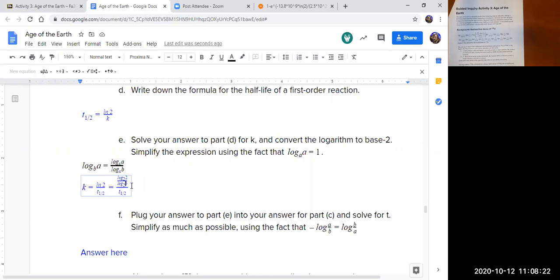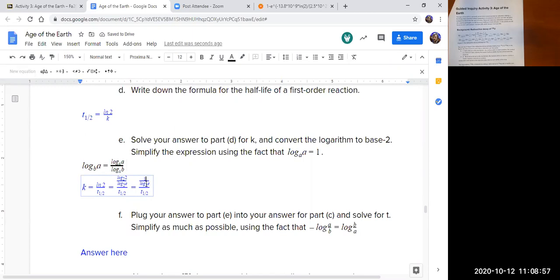This was the natural log, so it is base e. Now, we are also told to simplify the expression using the fact that log base a of a equals 1. So, let's take this whole thing, put it in here, log base 2 of 2 is going to be 1.